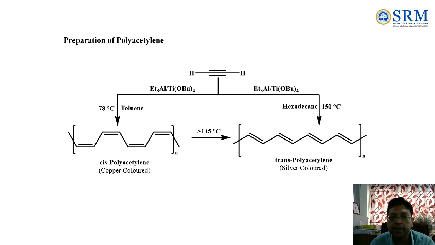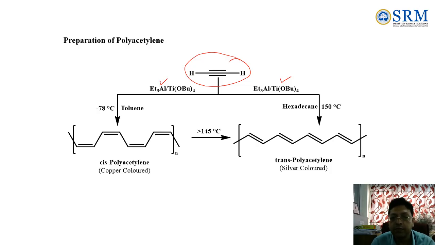Preparation of polyacetylene. Polyacetylene is a polymer and the building block or monomer is acetylene. So this acetylene undergoes addition polymerization in the presence of Ziegler-Natta catalyst, and it can lead to two types of polyacetylene depending on the structure.